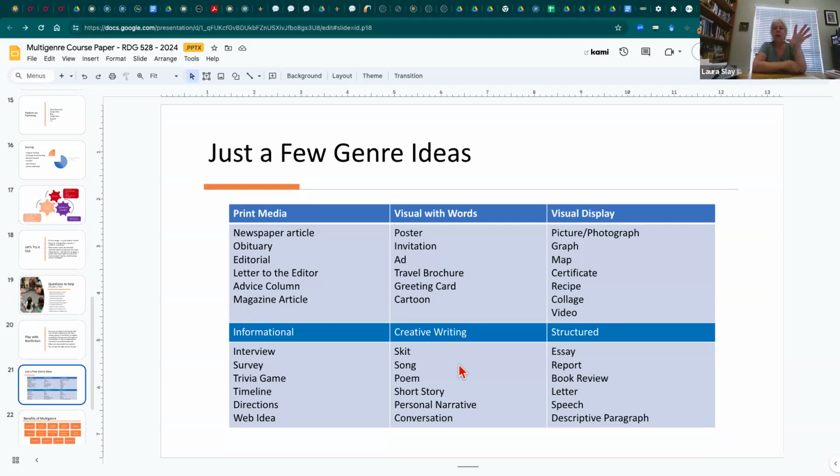I'm trying to allow you to double dip, but to synthesize what you have done in this class and exercise your knowledge of the different genres. If you don't know what the rules are for these things, you can look those up online. There's lots of information. If you need help with that, of course, let me know.